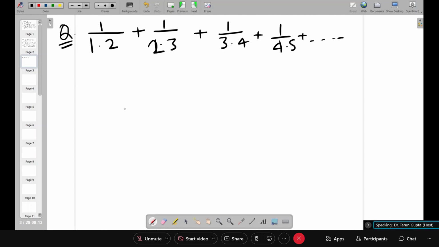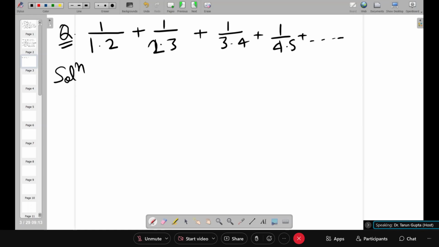Okay, direct comparison test is also there, but here we solve this by limit comparison test. In the exam you can solve by any method, but sometimes limit comparison and direct comparison are easy as compared to the previous tests.